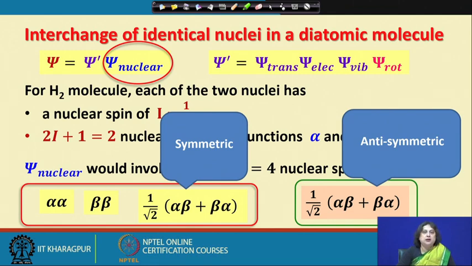Now, this is a concept that we are going to use further to understand what the symmetry properties of psi nuclear would be. In the next lecture, we shall once again start from this particular example and discuss the general symmetry requirement of psi nuclear and then the overall symmetry requirement of psi in a homonuclear diatomic molecule.